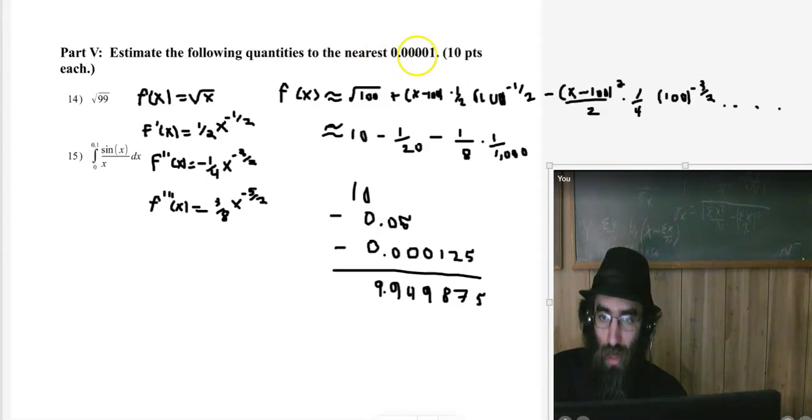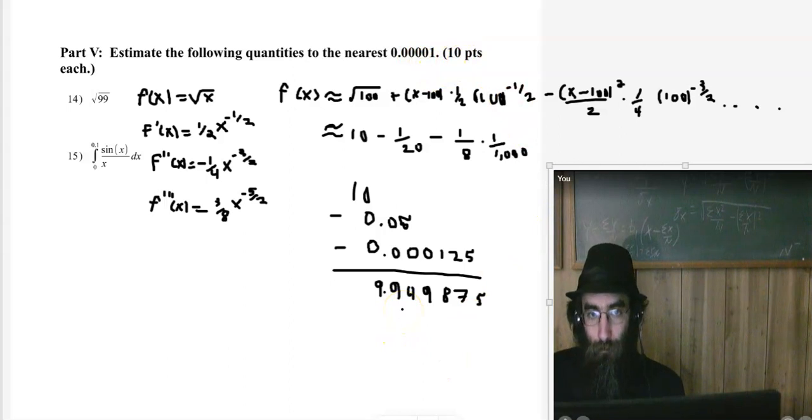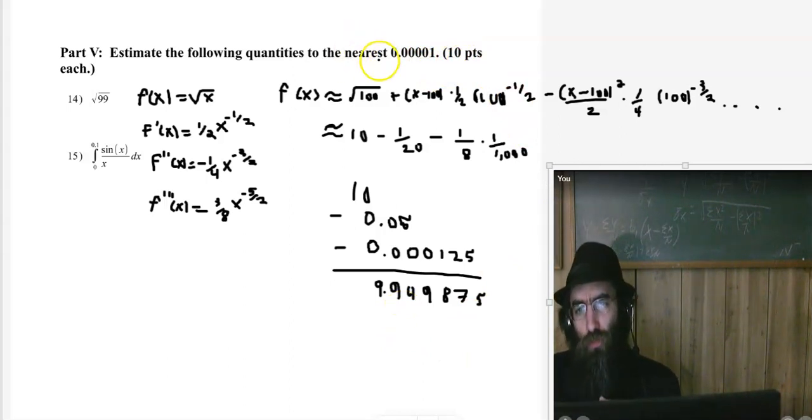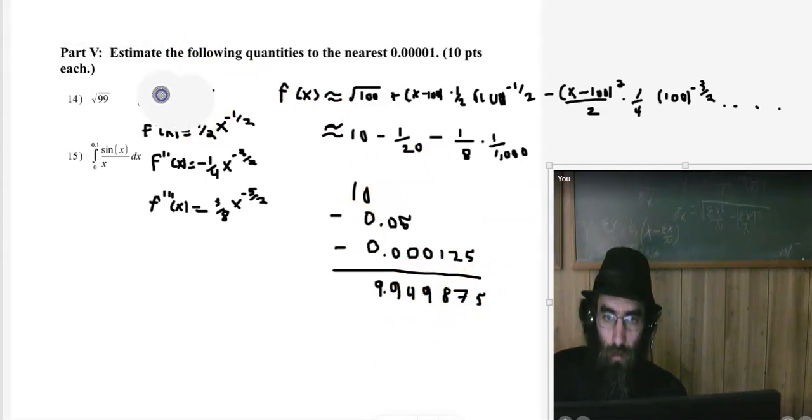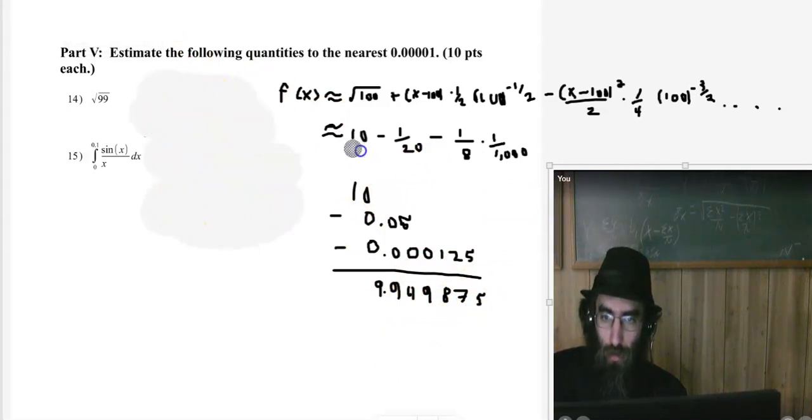You're off by less than 0.000001. Perhaps I should rephrase this as to within 0.000001. Yeah. Anyway. So that's that one.